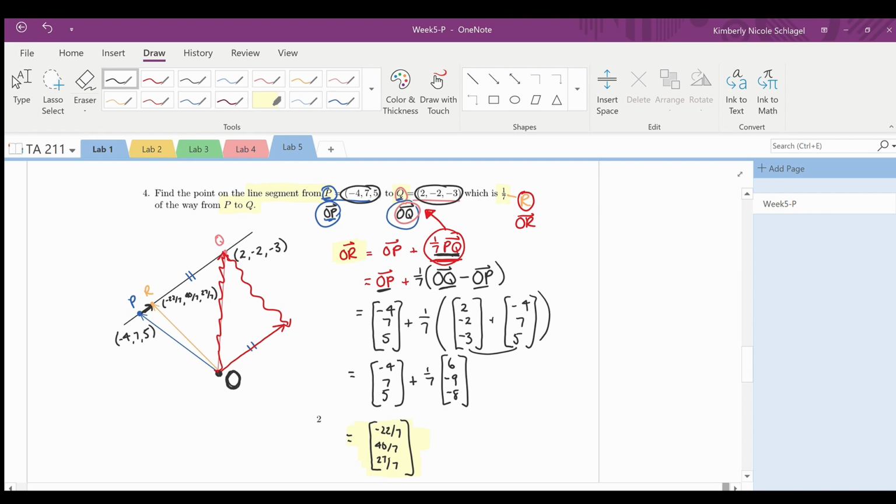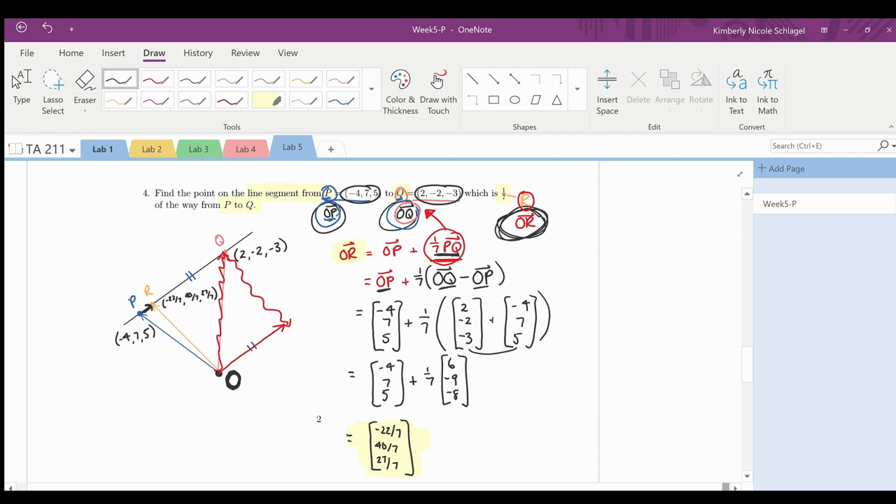Okay, so we draw in an origin here after we draw our line with our points on it. So we have our origin, and we know right away, since we're given 2 points, we're given our OP and our OQ. We need to find our OR. Okay, or in other words, we need to find the vector R, which is from the origin to our point R.